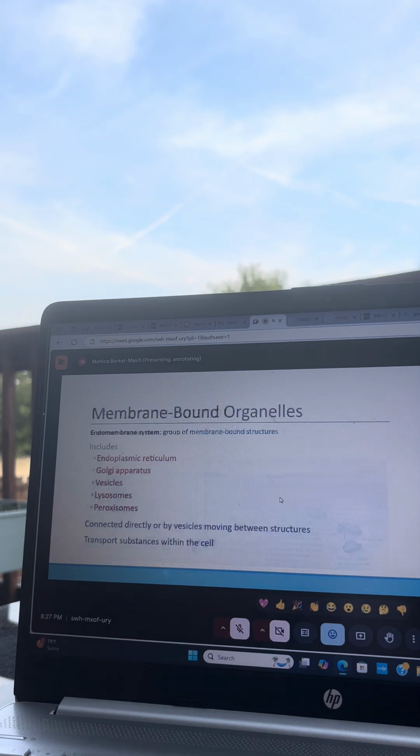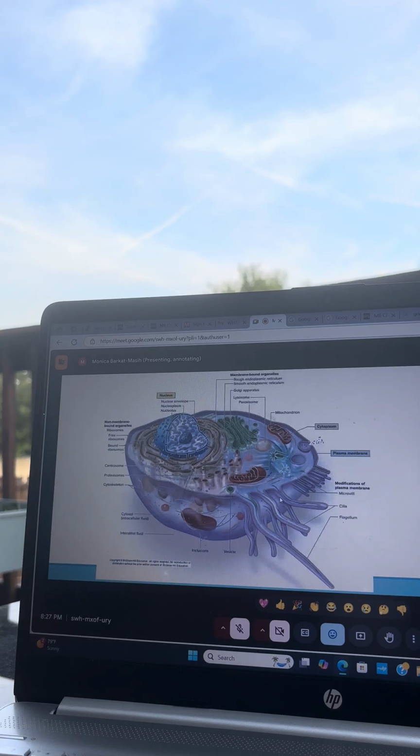Okay, and then this is the stuff you can read on your own. The organelles and their functions. And this is your work, the lab worksheet from last time has all this. So you can read through this.